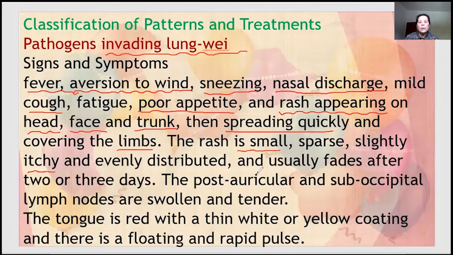And usually it goes away faster compared with measles. They disappear after 2 or 3 days. And you can find some lymph nodes, mainly behind the ear. The tongue is slightly red, with a thin white coating or maybe a little yellow coating, and a floating rapid pulse.